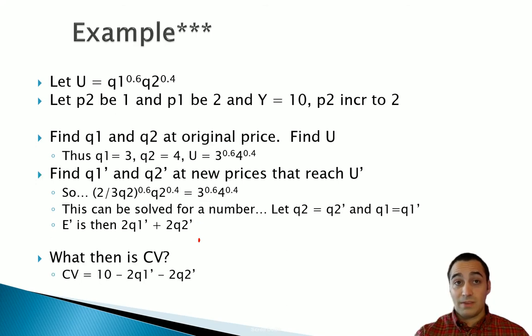Well, you'll remember your CV is just the difference between how much you have to spend at the new prices and how much it costs you at the old prices to get the same util. Well, we found that max util using $10. So we know the difference between $10 and this new E prime must be our CV.